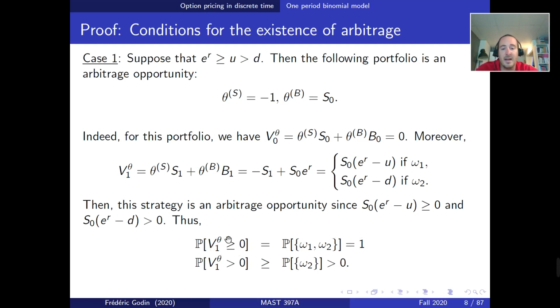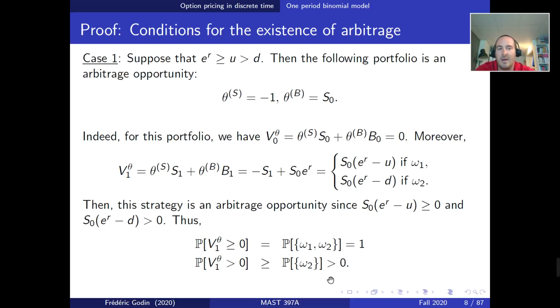Furthermore, are there scenarios where the portfolio value at time 1 is strictly greater than 0? The answer is yes. For outcome 2, we had by assumption that exponential of r is greater than d, so the portfolio value under outcome 2 would be strictly positive. So the probability that the portfolio value is strictly positive would be greater or equal to the probability of outcome 2, and this is greater than 0 because this is 1 minus p.